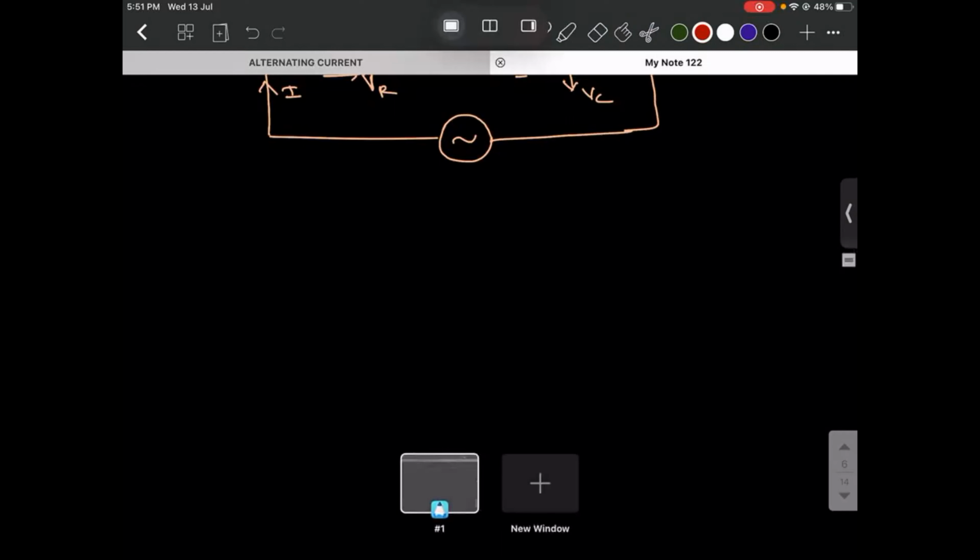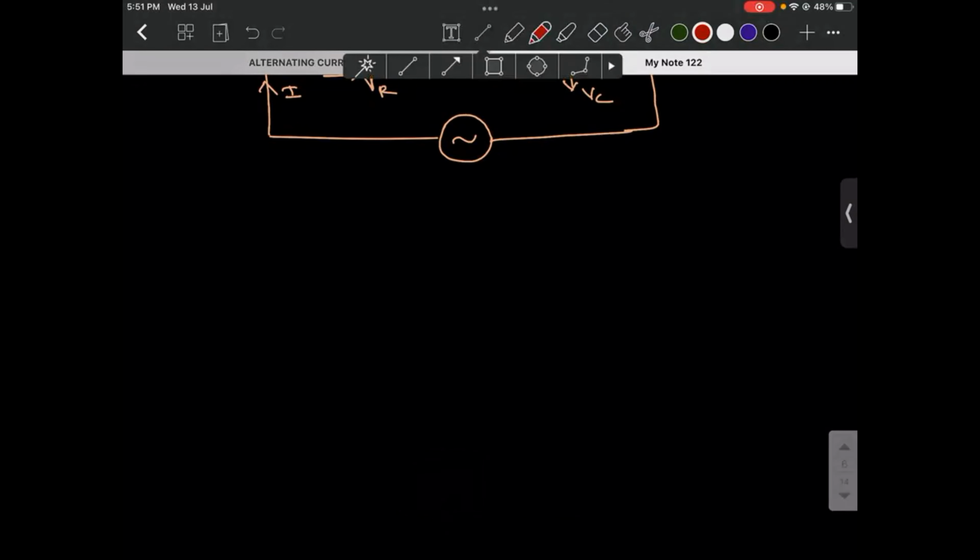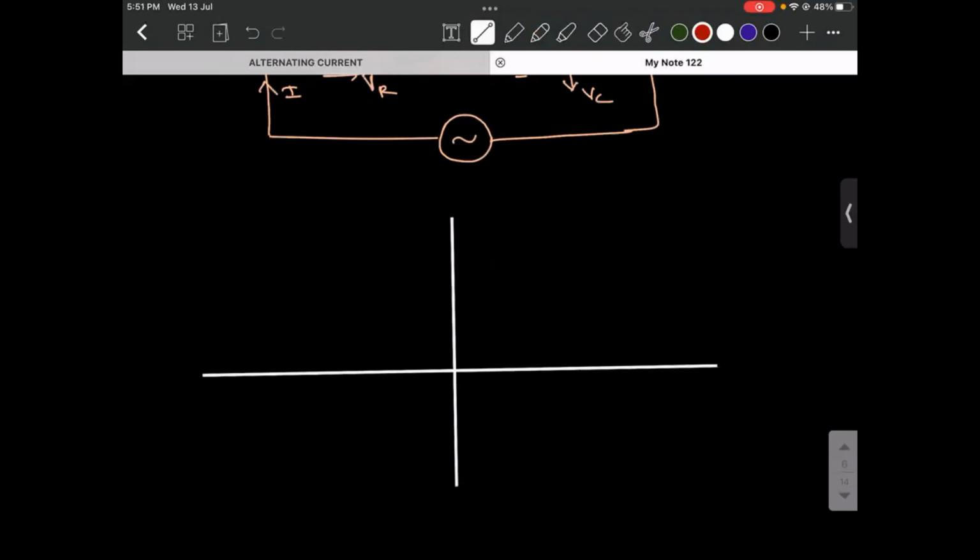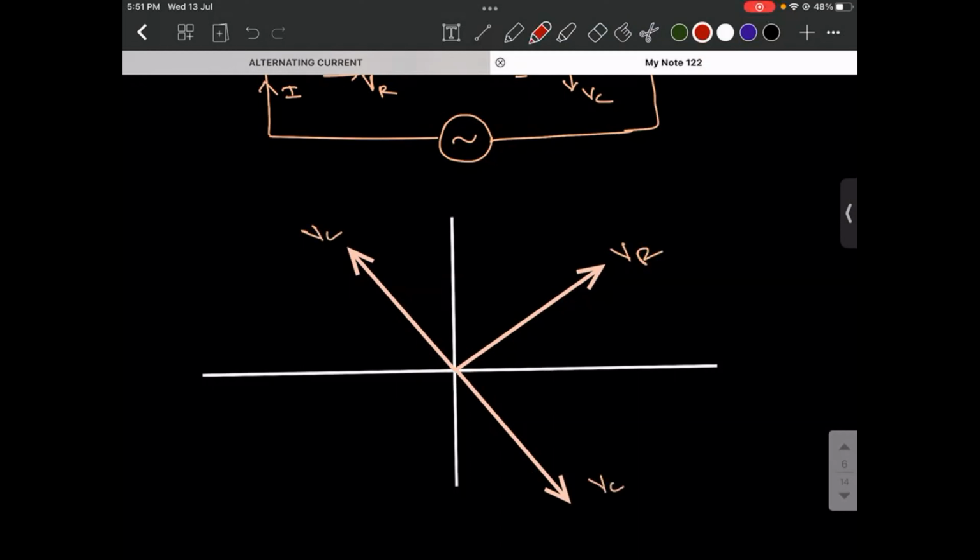So all the three will appear in the same graph. This is VR. This is VC. So VR, VL, and VC.